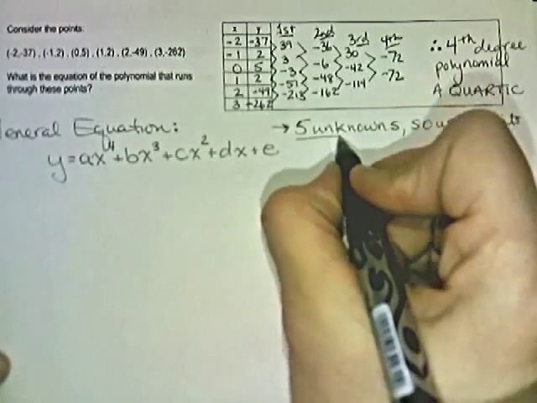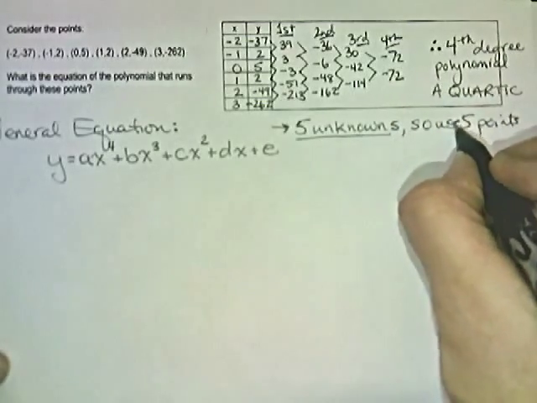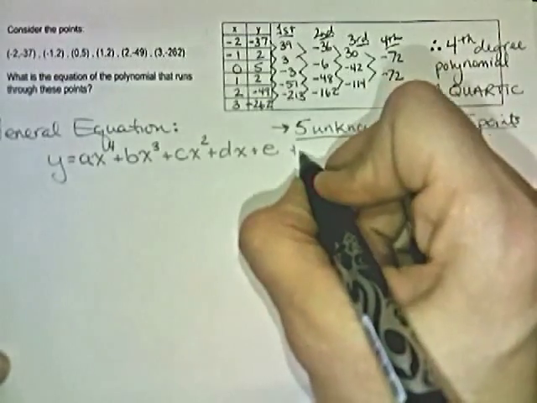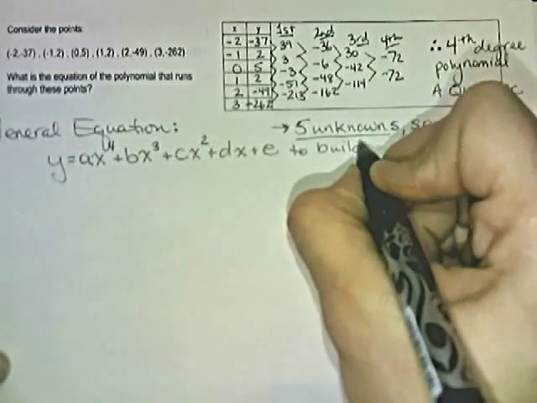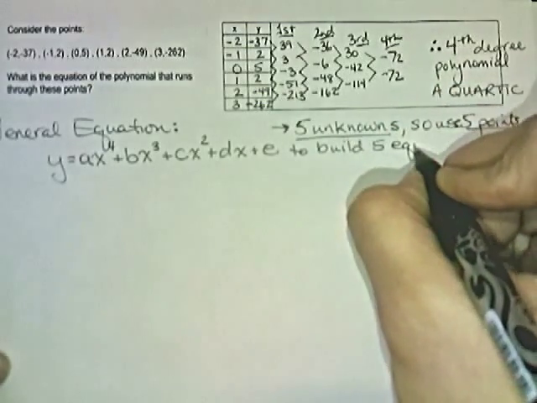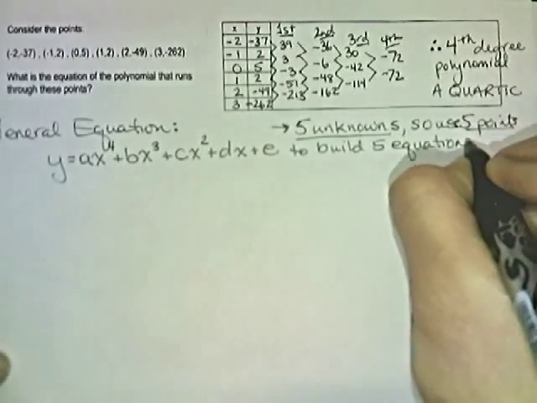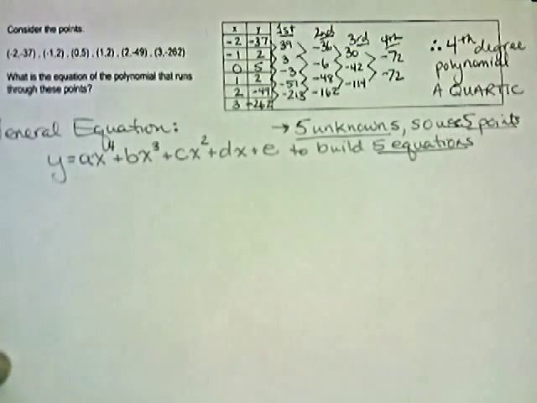If I have 5 unknowns, I will use 5 points to build 5 equations that I will then use with elimination then substitution to find out what those mystery values are.